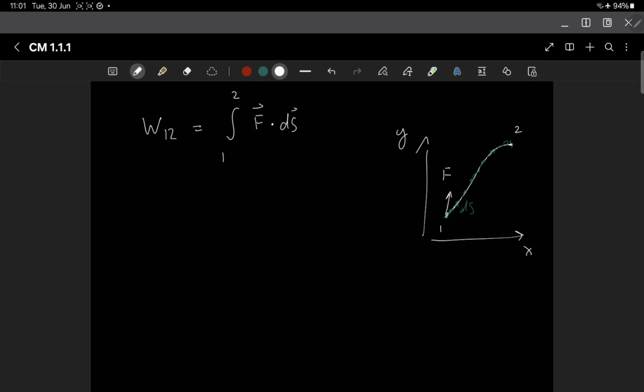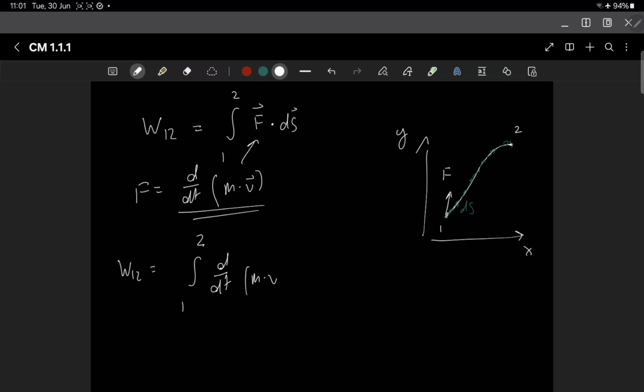So let us recapitulate what the force is. The force is equal to d by dt of m times v, right? We can plug this into the formula for the work. Then we have the integral from 1 to 2 of d by dt of m times v, dot ds.